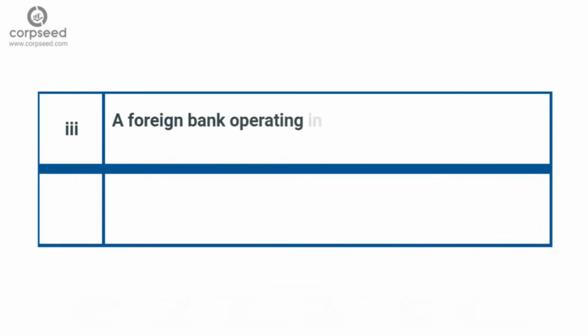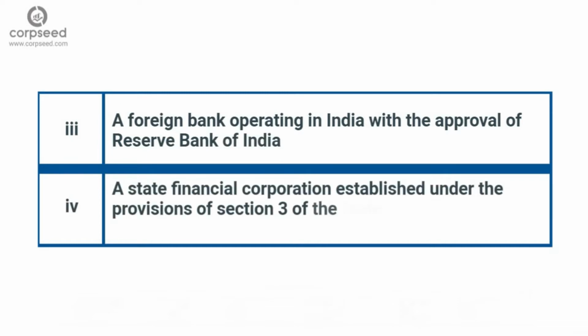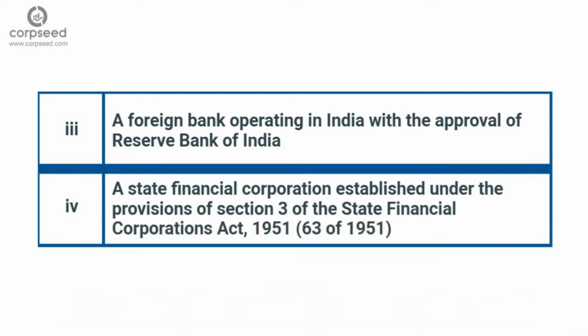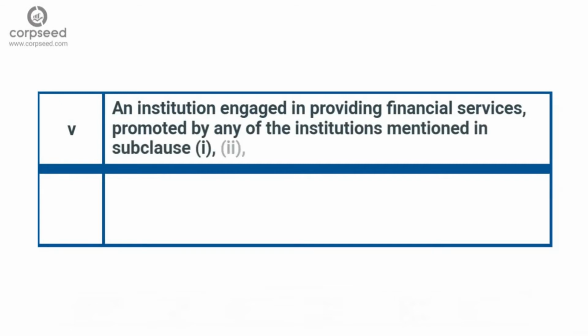A foreign bank operating in India with the approval of Reserve Bank of India. A state financial corporation established under the provisions of Section 3 of the State Financial Corporations Act 1951, 63 of 1951.